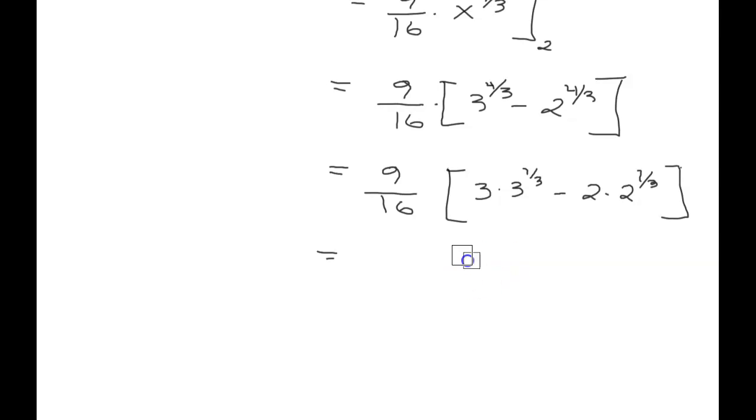You don't have to go this far, but you could if you wanted. You have 27 over 16 times 3 to the 1/3 minus, well, the 2's cancel out, so it'd be 9/8 times 2 to the 1/3. And you could totally just leave it like that.